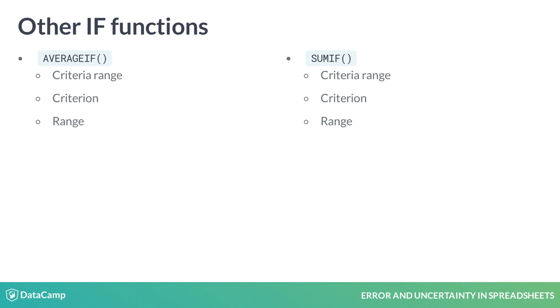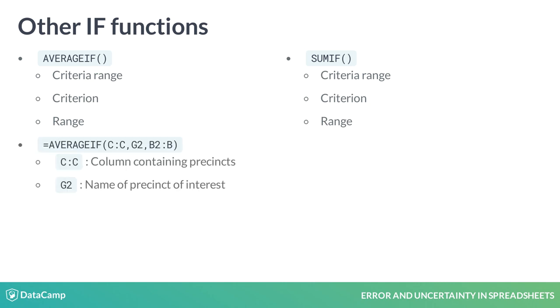For example, you can calculate the average time at which a crime occurred by specifying the criterion range as the column that contains precinct names, the criterion as the name of the precinct of interest, and the column containing times as the range to which to apply the function.